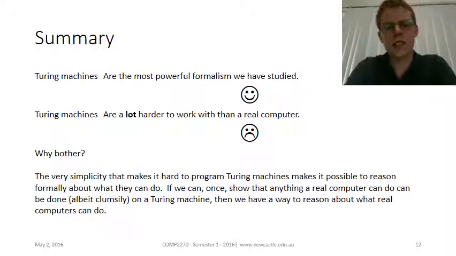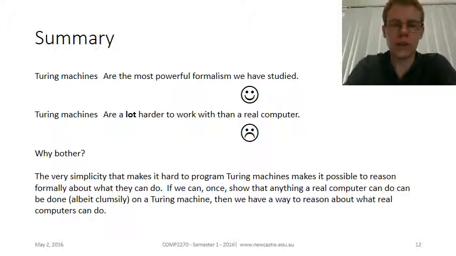So to summarize the last two videos, we have these machines called Turing machines, and we've shown that they're more powerful than all of the formalisms that we've already talked about: the push-down automata, context-free grammars, regexes, regular grammars, finite state machines. The problem is that they're a lot harder to work with than the computers we actually work with.